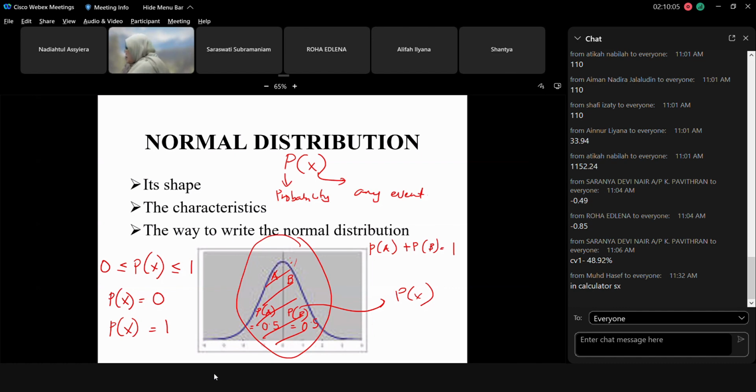The next one says here, the distribution extends to infinity in both directions, where the tails approach but never touch the x-axis.